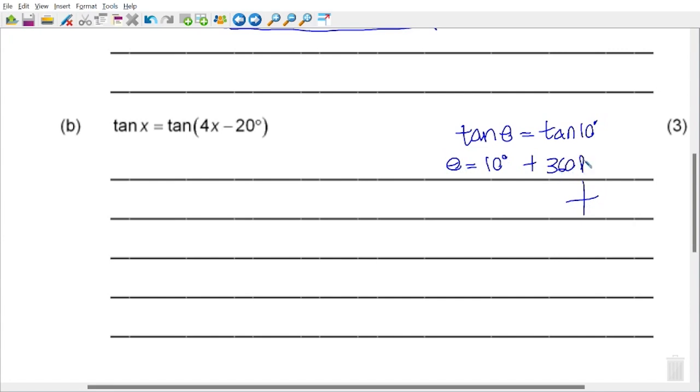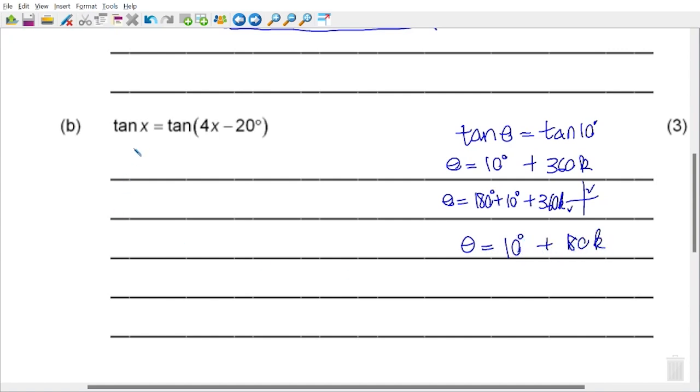But the other possibility is that theta, because remember tan is positive in these two quadrants, is actually 180 plus 10 plus 360k. And what we know, in fact, with tan, this one's 10 and this one's 190. What we can actually do with tan is just take one of our answers and add 180k.